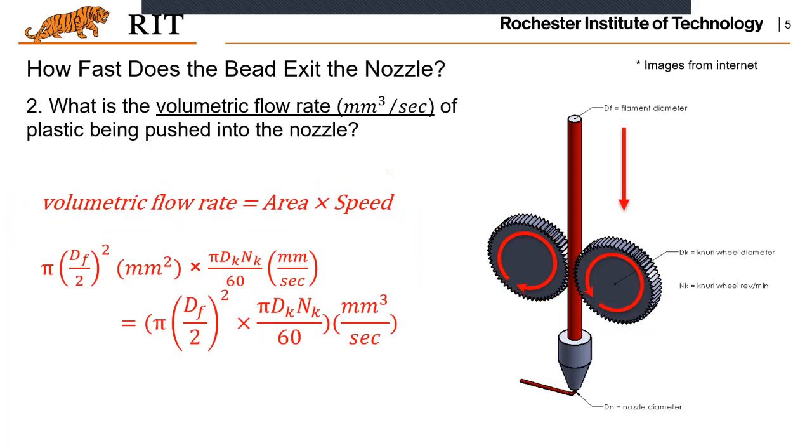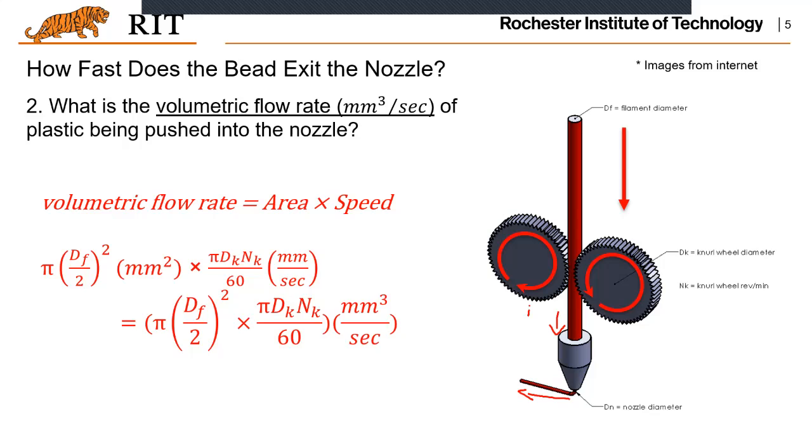And you have to understand one thing: we assume, and this is true, that the amount of material getting into this nozzle should be equivalent to the amount of material exiting from the nozzle. So in that sense, the unchanged thing is the volume of the material.